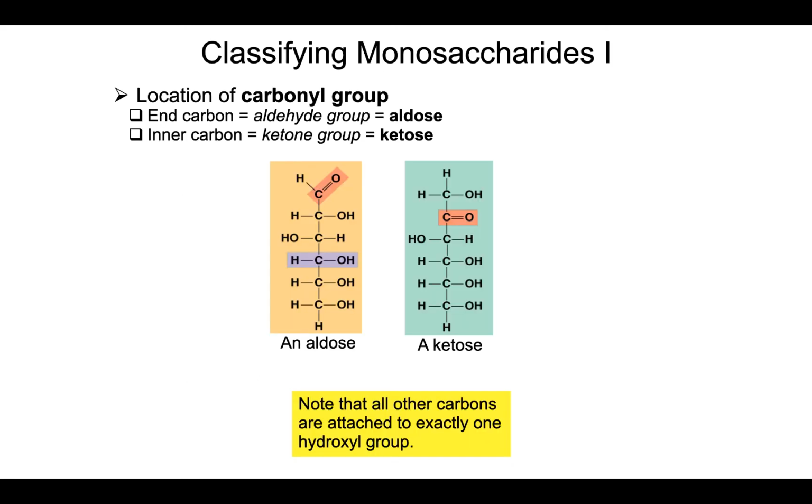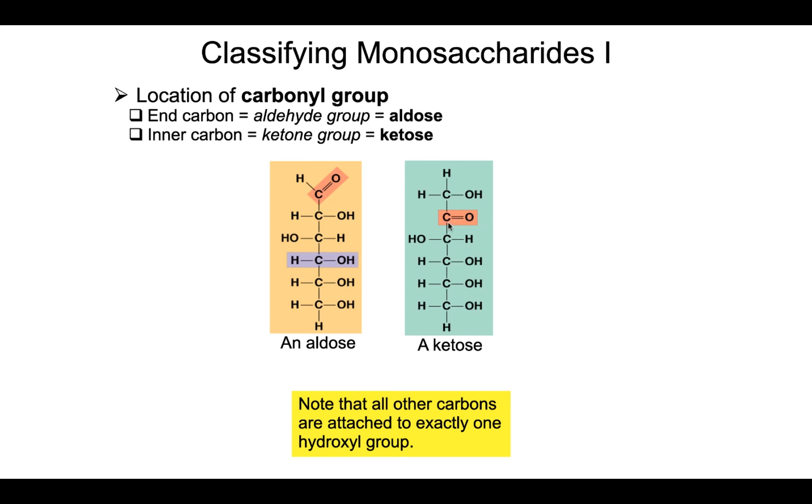Let's think about how monosaccharides can differ from one another. One of the key differences is the nature of that carbonyl. Now that carbonyl group can be an aldehyde. It can exist at the end of the carbon chain. In that case, we call it an aldose. So this is an aldose monosaccharide.